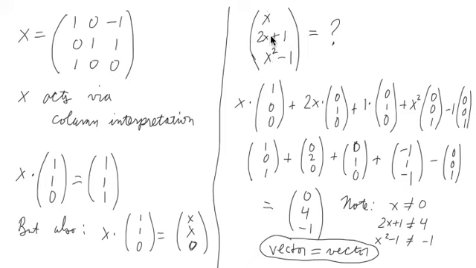This is another representation of this vector. We can split it up a little bit. See this x in the first component? That's like saying x times this guy, 1, 0, 0, plus 2x times a middle guy here, plus 1 times a middle guy here, plus x squared times that, minus 1 times that. I've just split this apart. If you added these together, you definitely would get this, right? But I split this apart so we can think of it this way.